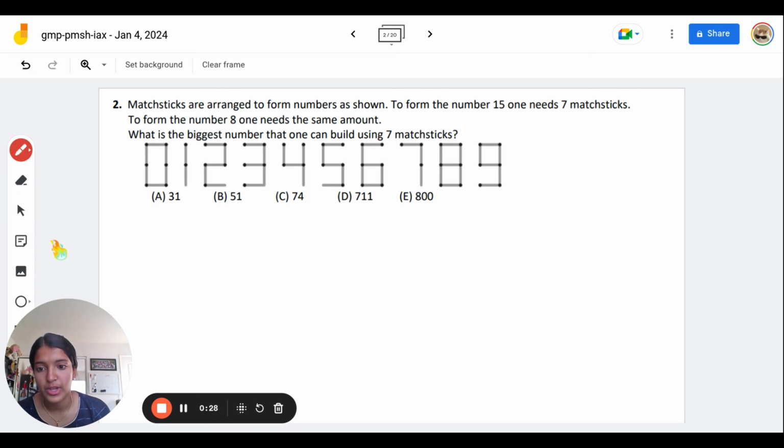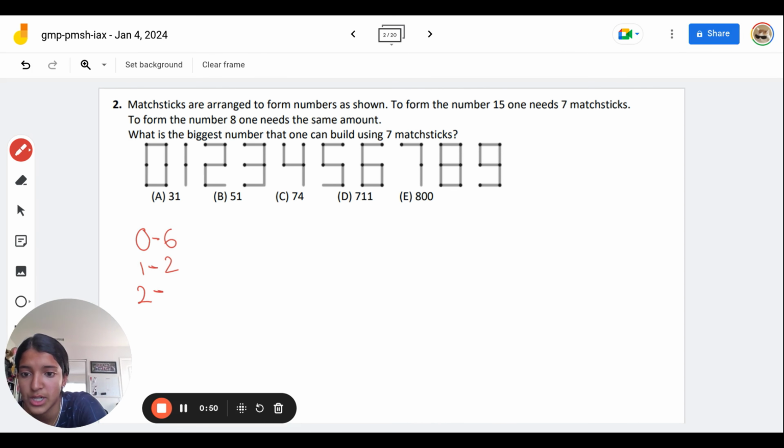over here. So we have 0, 1, 2, 3, 4, 5, 6, all the way up till 9. And we're going to write down how many matchsticks each number needs. So for 0, you would need 6 matchsticks. For 1, you would need 2 matchsticks.